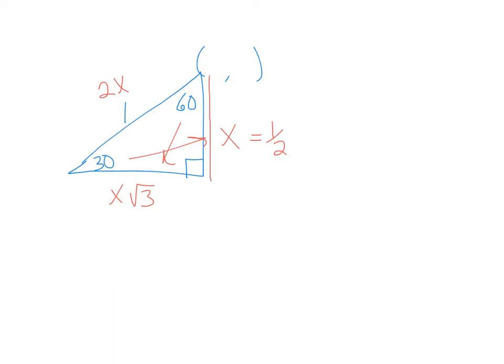And then we get the last side, which is x times the square root of 3, so that would be 1/2 times the square root of 3, or the square root of 3 over 2. So that means we're going in the x direction square root of 3 over 2 spaces, so that becomes my x value.